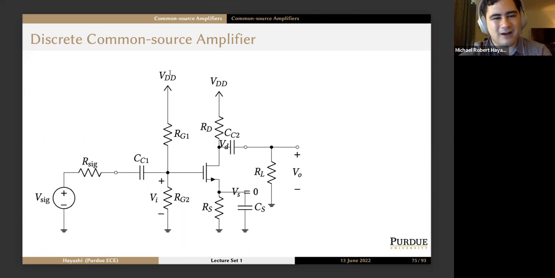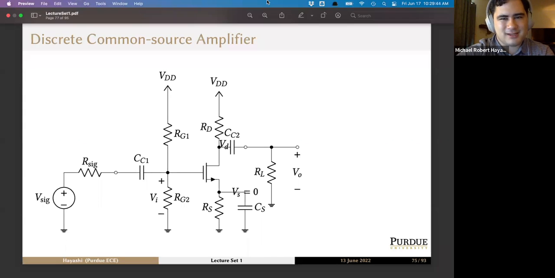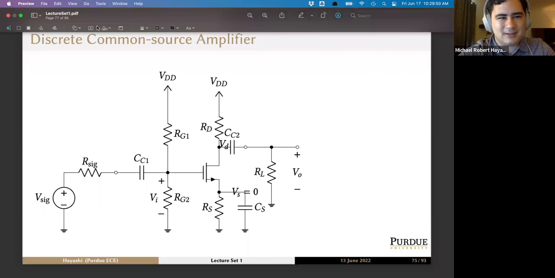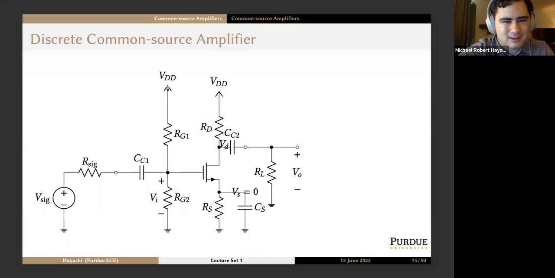So we would turn off our DC sources. So VDD, remember, this is just a voltage source. Let me see if I can draw and not have it go horribly wrong. I always choose the wrong one the first time. Remember, this is equivalent to this poorly drawn voltage source.